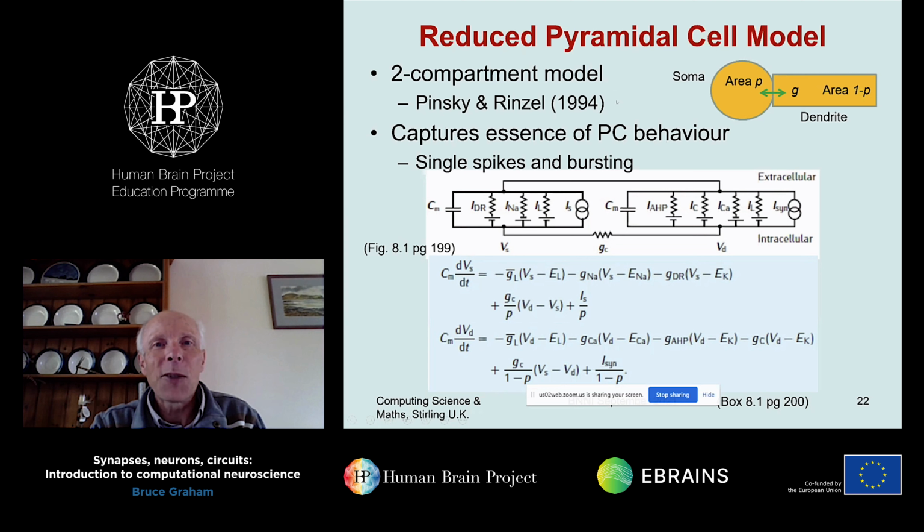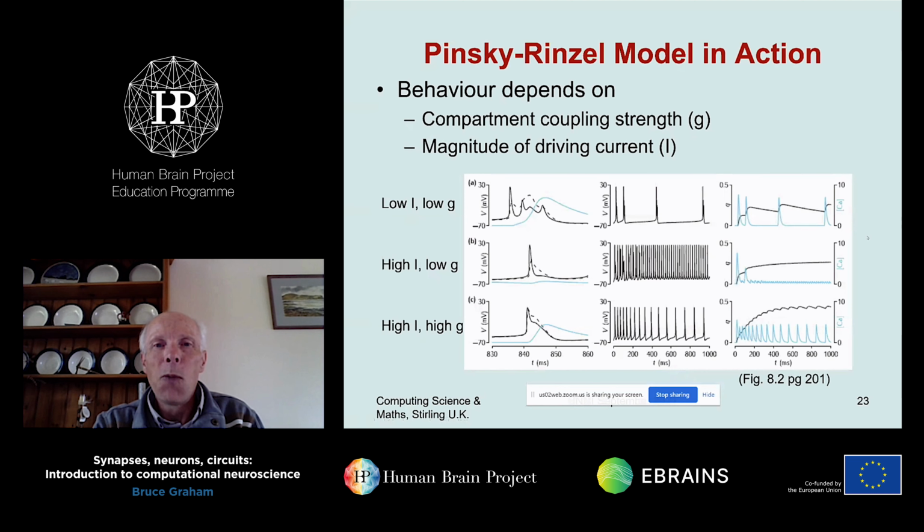This was done back in 1994 by Pinsky and Rinzel to create this simple reduced model, which has quite complicated firing properties in terms of what it produces for a given magnitude of driving current coming in. So it's a really nice approximation to that complicated model and gives you great insight and control over the bursting mechanism in such a cell.